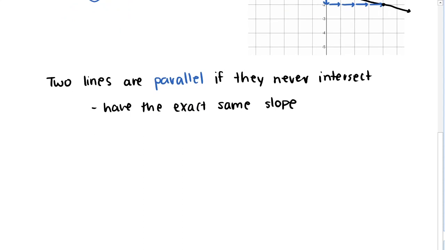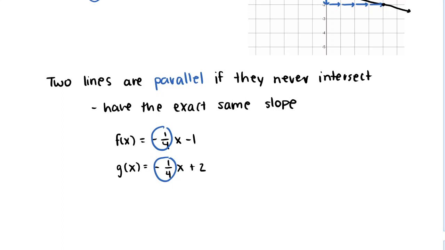Right, so if I have the function like the one we started with earlier, f of x is equal to negative 1/4 x, take away 1, a parallel line might be negative 1/4 x plus 2. The fact that the slopes are exactly the same and these two are linear functions tells us that these lines are parallel. They will never intersect.